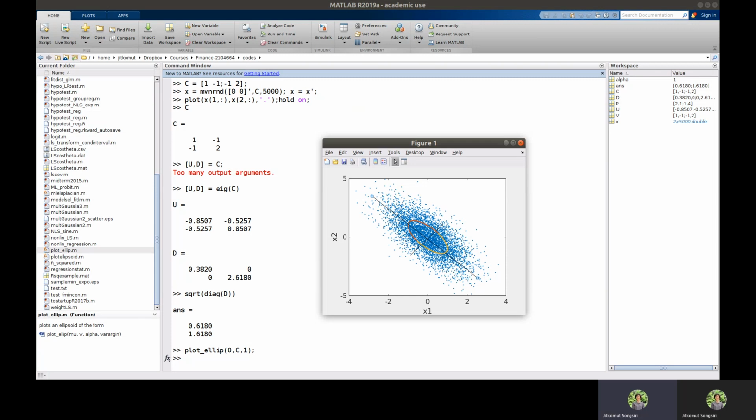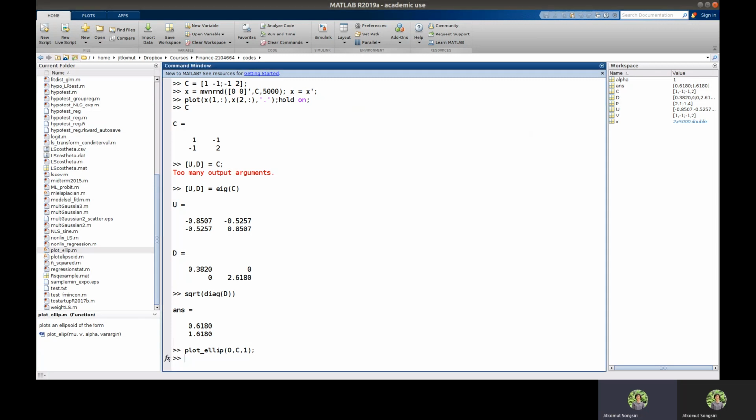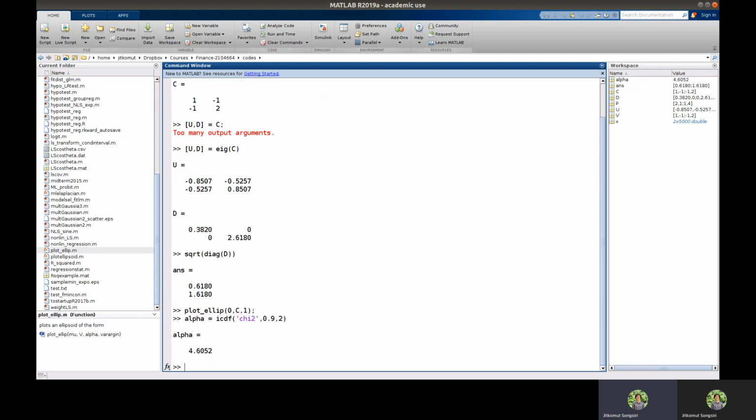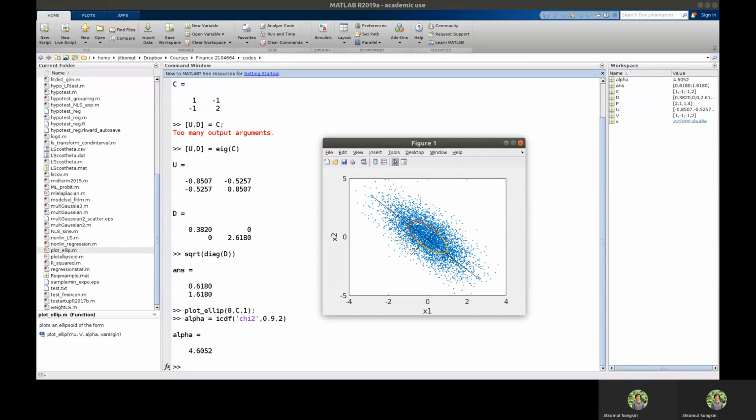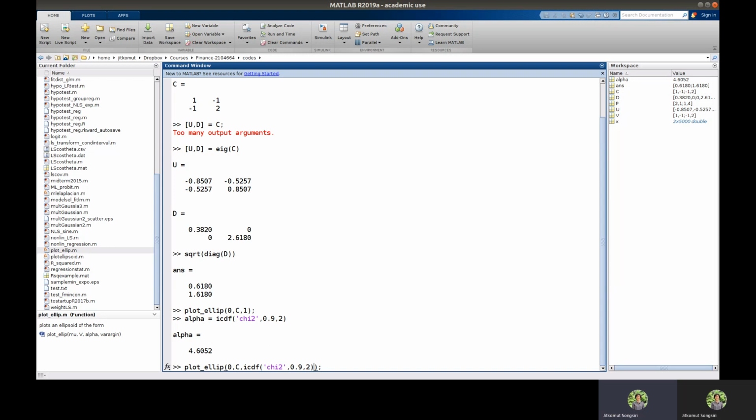As we have seen before in the analysis, maybe you scroll back to the video a few minutes ago, alpha is supposed to be the inverse CDF of the chi-square distribution with the input argument as the probability value, which is 0.9, and 2 degrees of freedom. So alpha is 4.6.